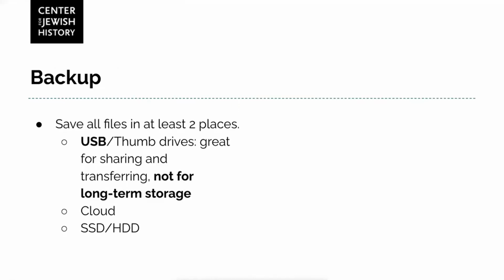So, backing up. To avoid catastrophes like data loss, back up your files in at least 2 places that are not your computer. If you store one copy of your material on one device and something unfortunate happens to that device, your files go with it. Also, say no to USB and thumb drives and other magnetic or optical media like CDs, floppy disks, and DVDs.